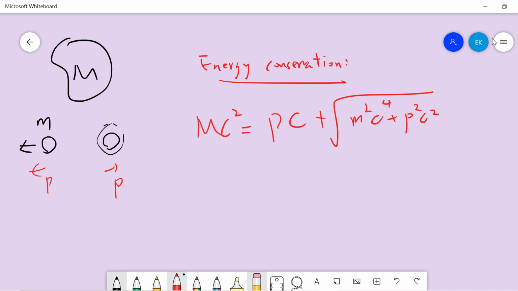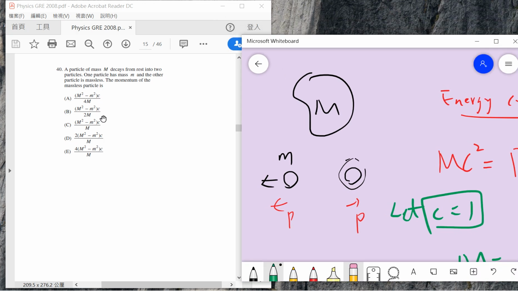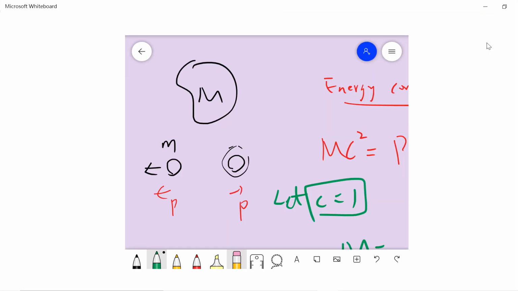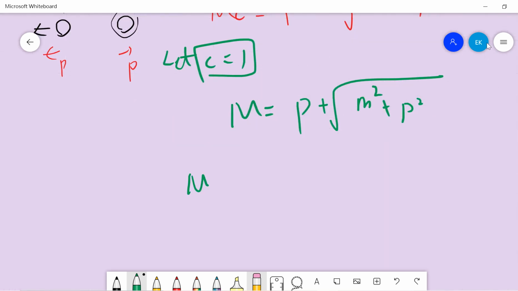To solve it quickly, we can let c equal 1, because all of the choices contain the same c, so you don't need to worry about c since it doesn't change your choice.